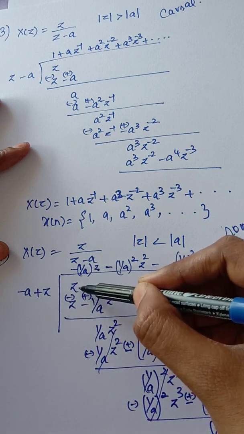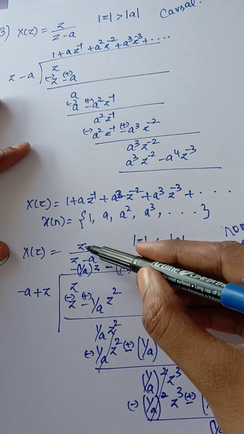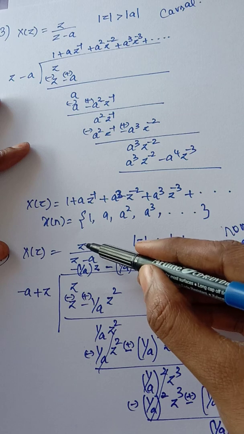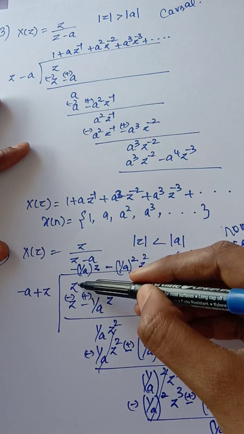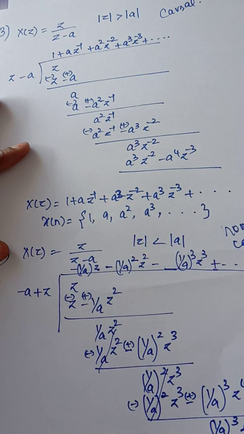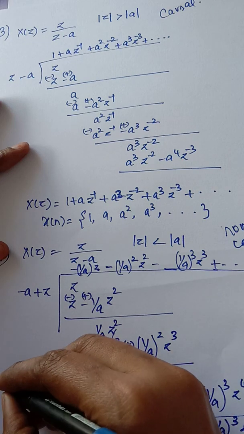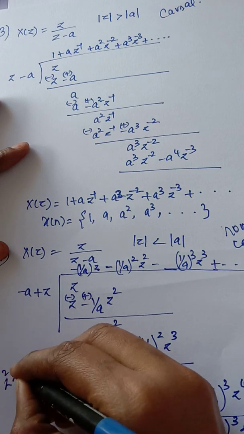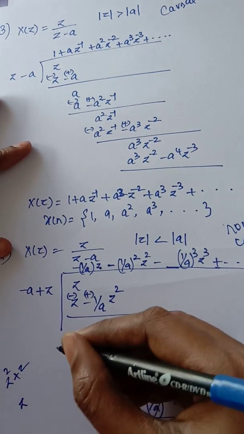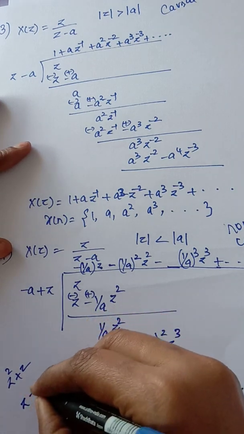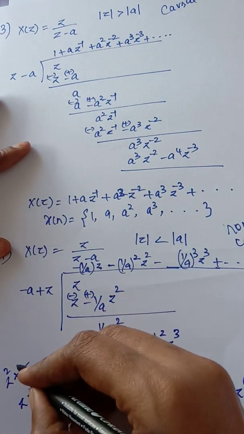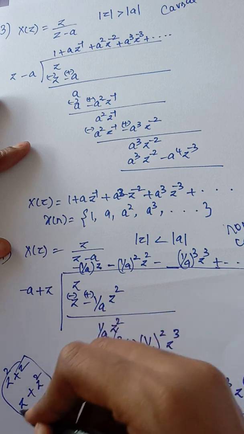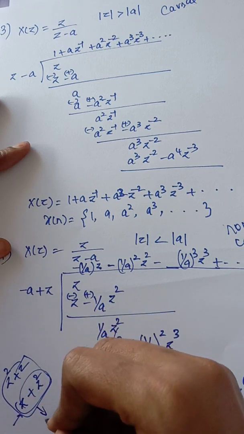Because you have only the numerator z here, I am writing z. For example, if I have z square plus z, I need to first write z, then plus z square. Like that you need to write it for a non-causal sequence.